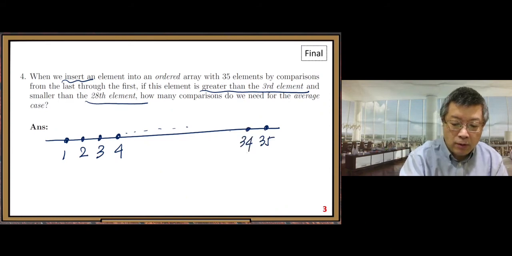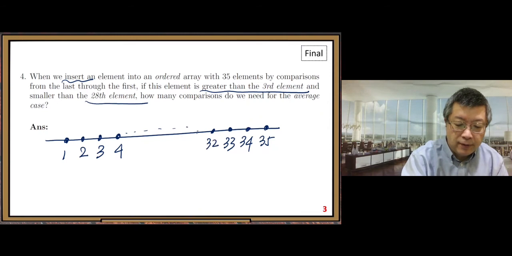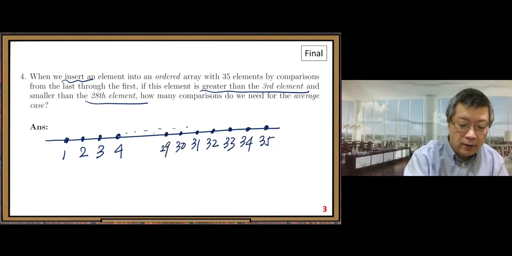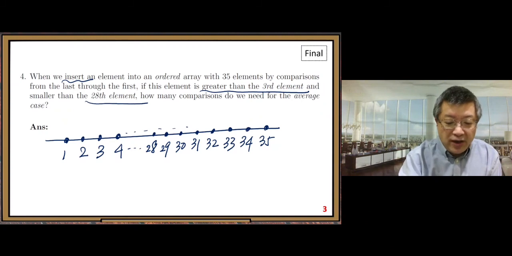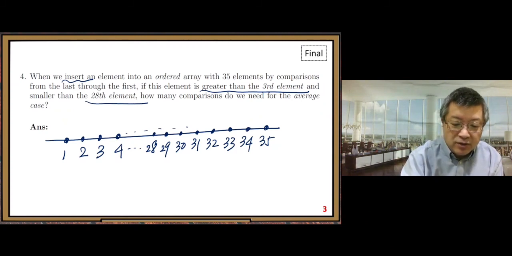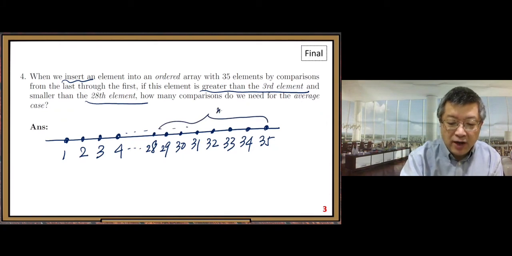The last one is 35, 34, 33, 32, too many, 31, 30, 29, 28. So smaller than 28 means you do not consider this part, not here.